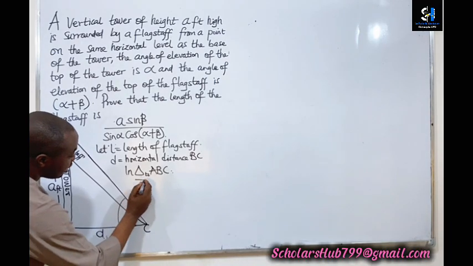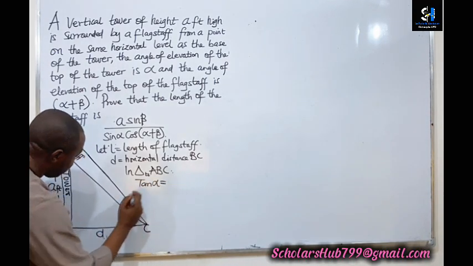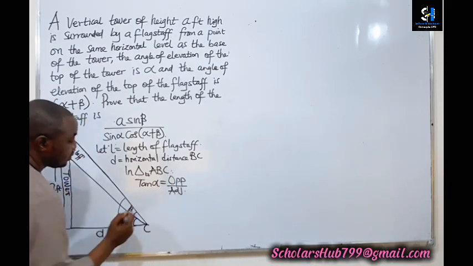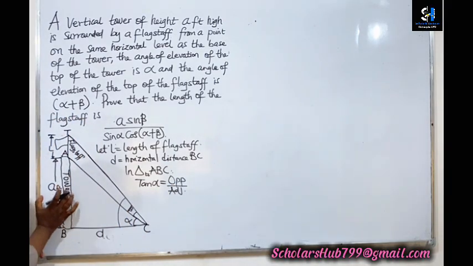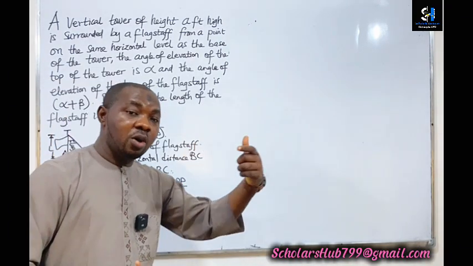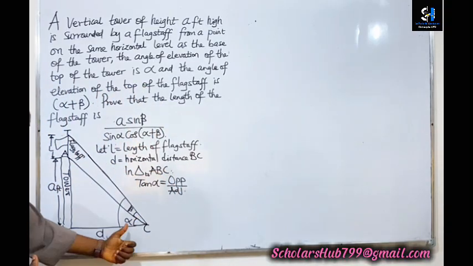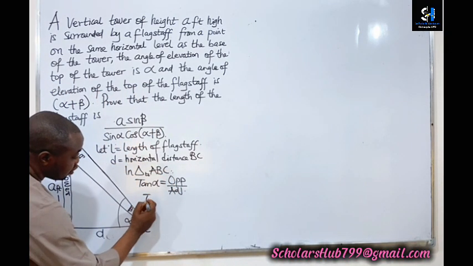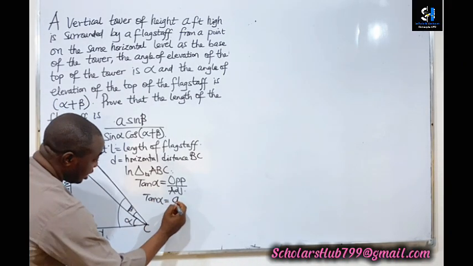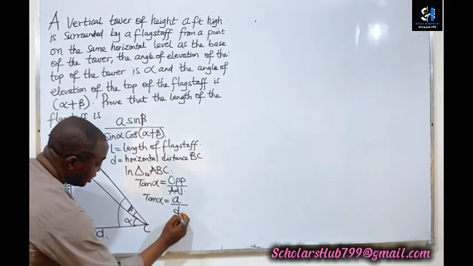So we use tan alpha equals opposite over adjacent. The opposite is the height of the tower. The adjacent is the horizontal distance, because the opposite is the side directly opposite the given angle, alpha. So tan alpha equals opposite A over adjacent D.